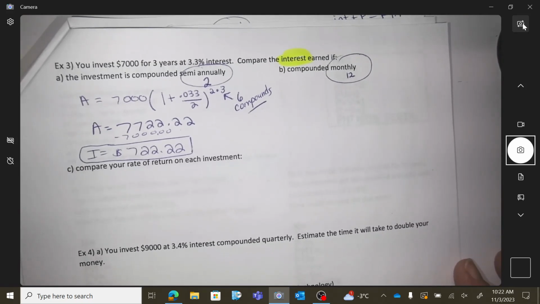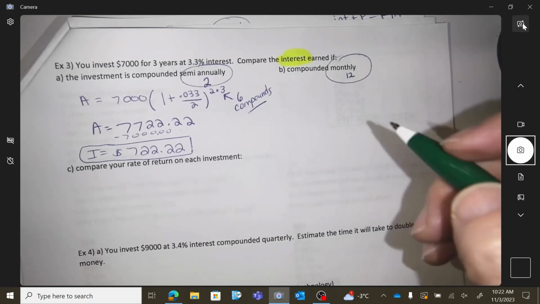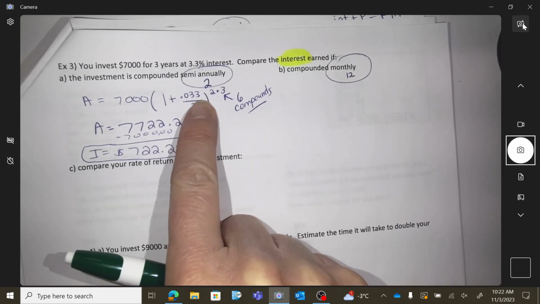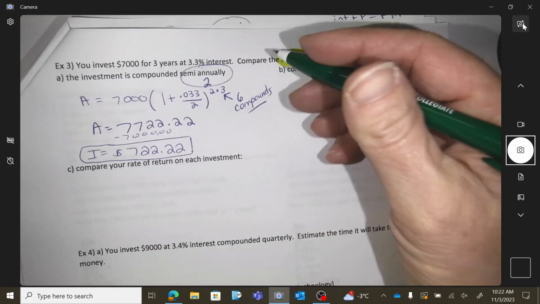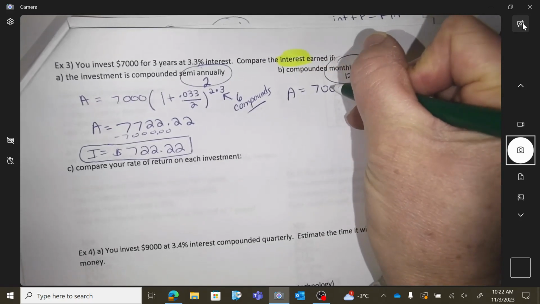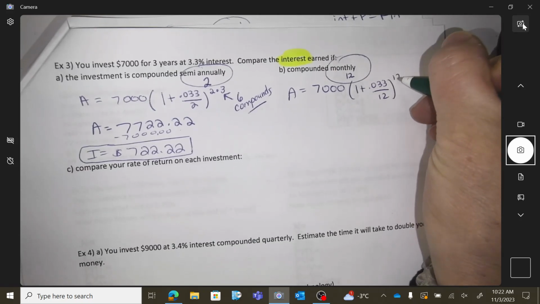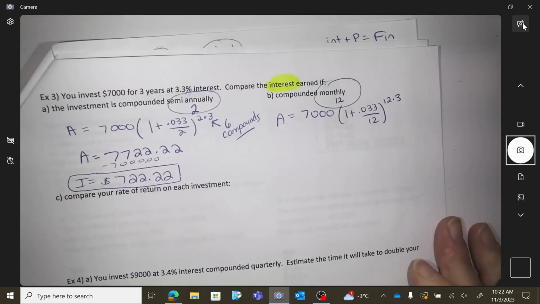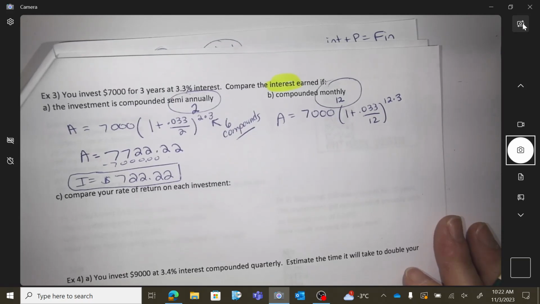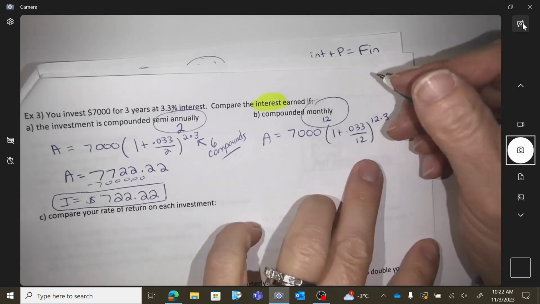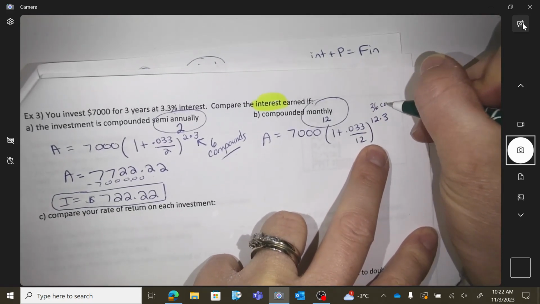Okay, now we have compound this monthly. So we're going to do the same thing except what? Instead of 2, you're going to put a 12. Lauren, did the typing go good on this last one? Yeah. Okay. So think about something. If you do it 12 times a year for 3 years, we should be doing it 36 compounds.